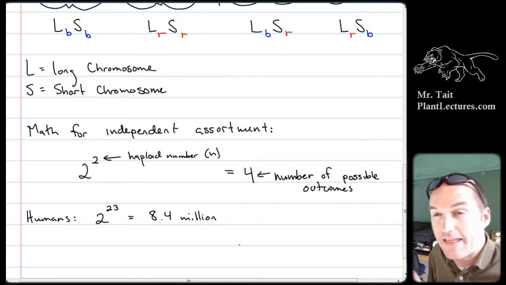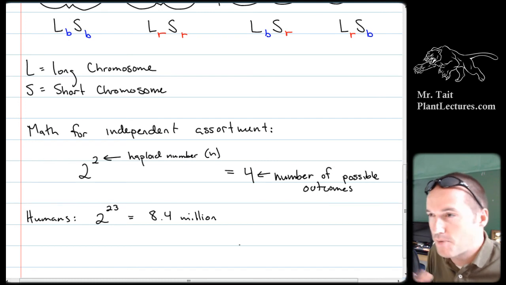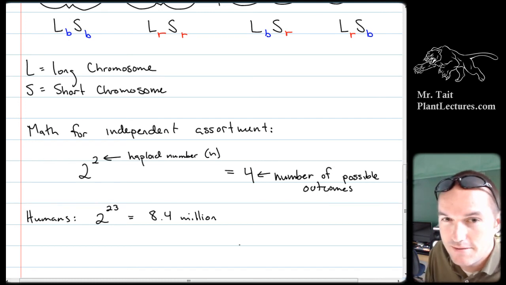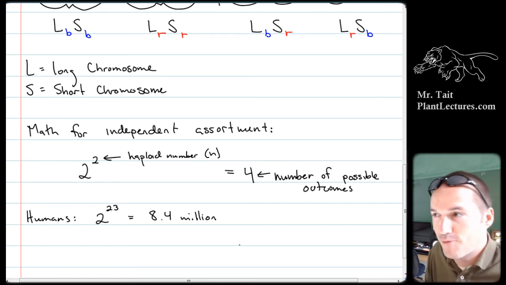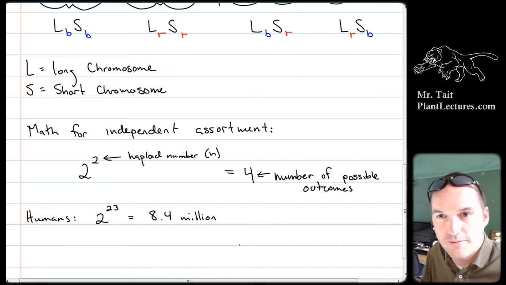Now that has to happen twice because both the sperm and the egg have to be identical then. So you take 1 in 8.4 million and you multiply by 1 in 8.4 million and it becomes 1 in 16 million. No, wait. You multiply the 8.4 millions together.